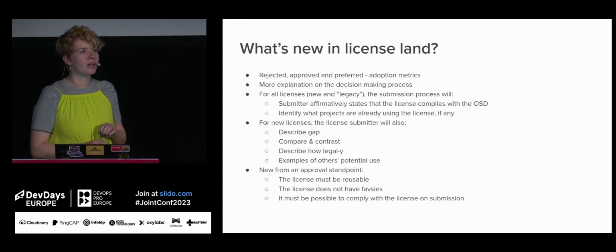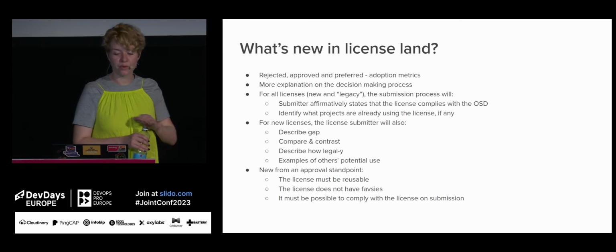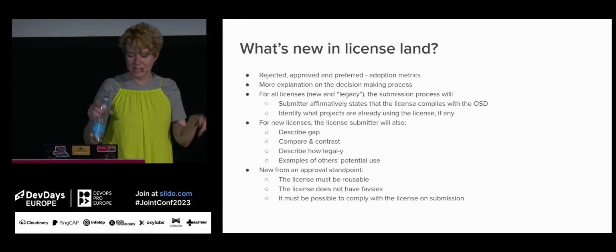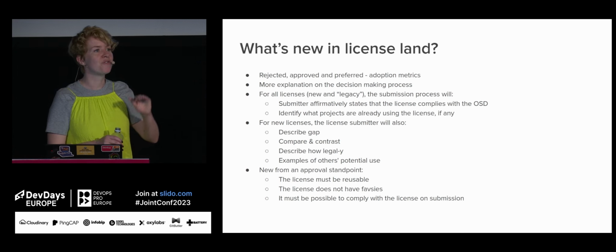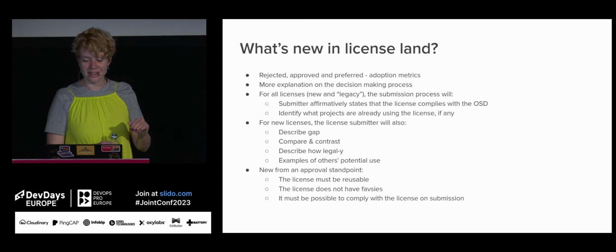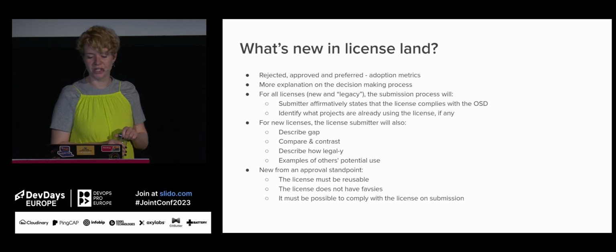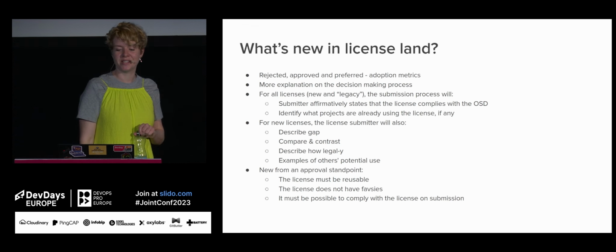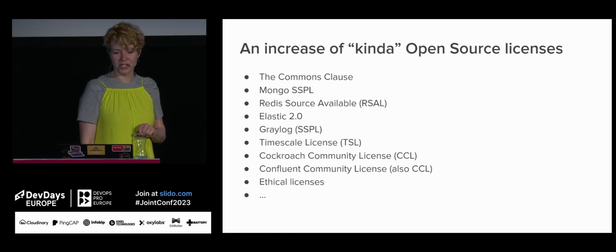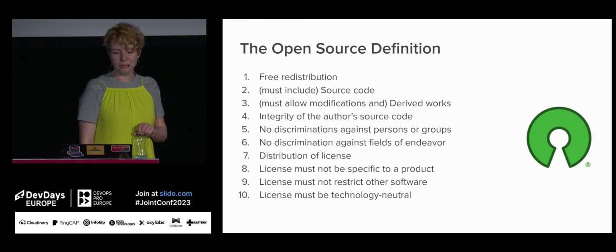For all new licenses and the legacy licenses, the submission process will require that the license submitter affirmatively states that the license complies with the open source definition, including specifically points 3, 5, 6, and 9 from the open source definition. Let's have a look at that.